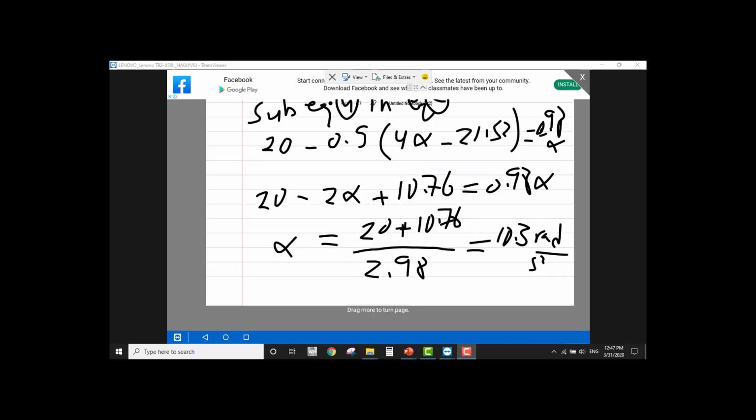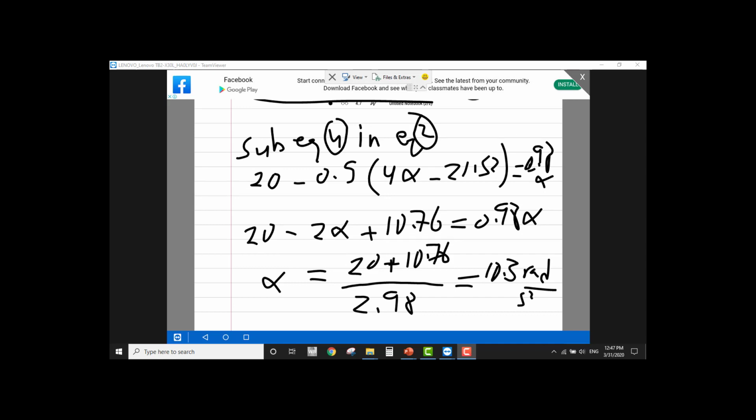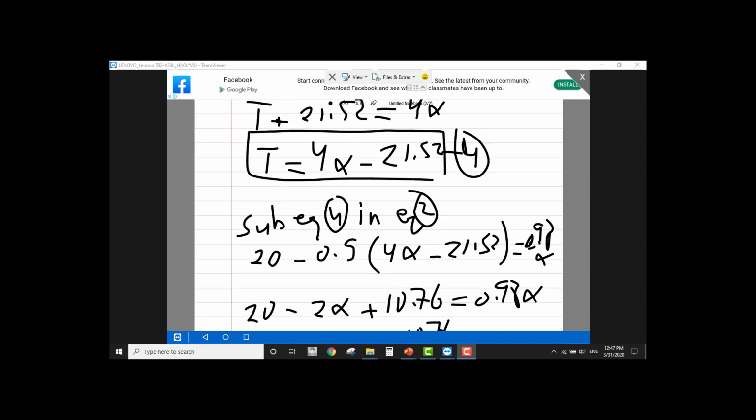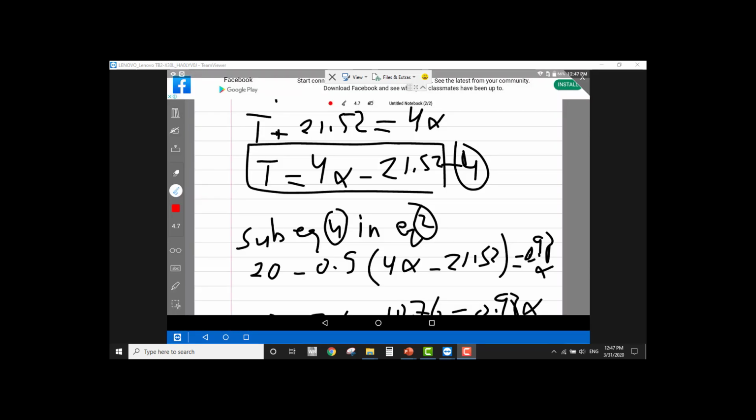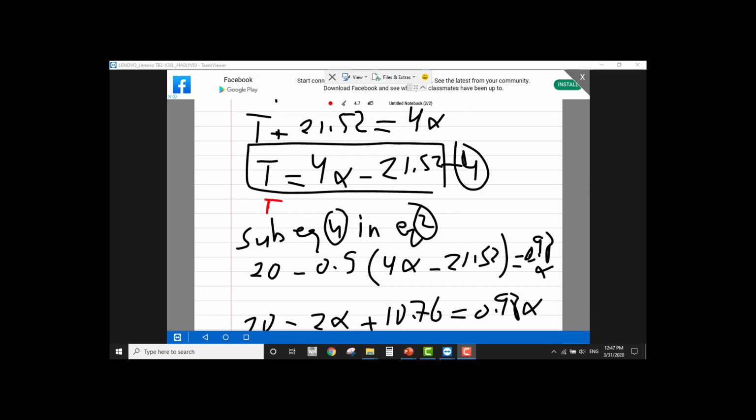Now if we go back to equation 4, if I substitute alpha equal to 10.3, then T will equal 19.7.